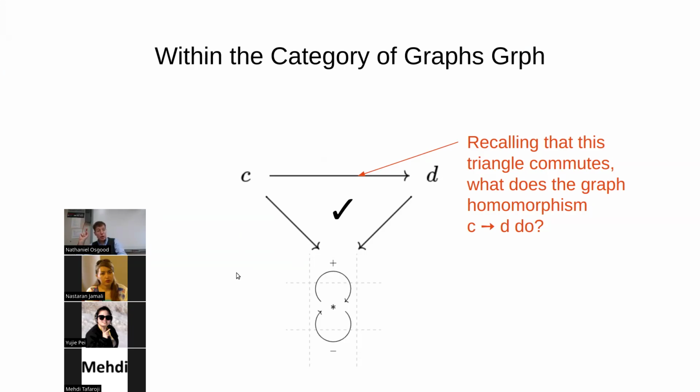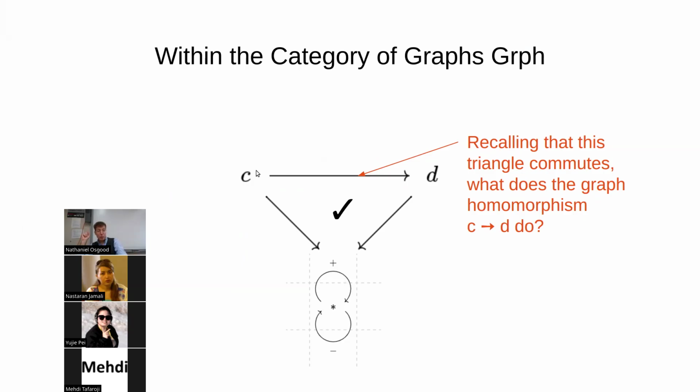What are the edges labeled by? One maps to plus, one maps to minus. So a particular graph homomorphism will map some edges to plus and some to minus. And so what this is going to do is annotate this graph with polarities. Do you see that?